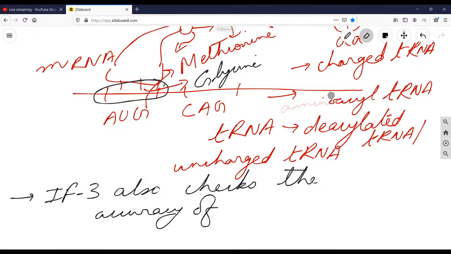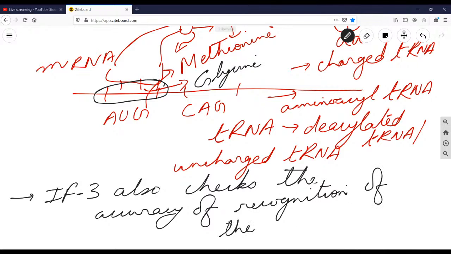Accuracy of recognition of the first AA tRNA, I'll call it amino acyl tRNA.